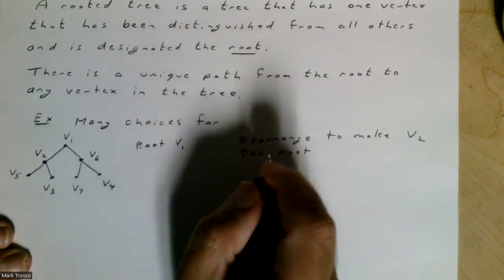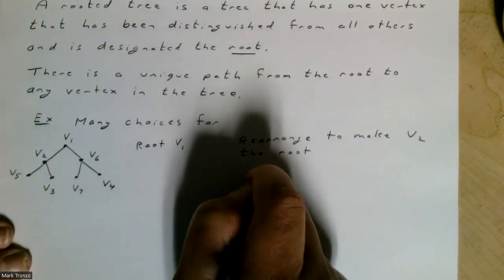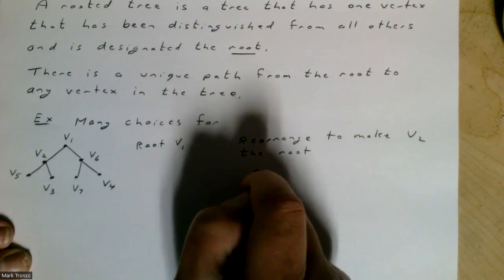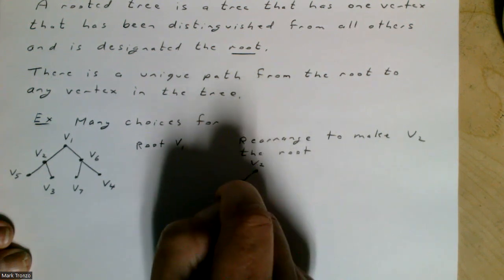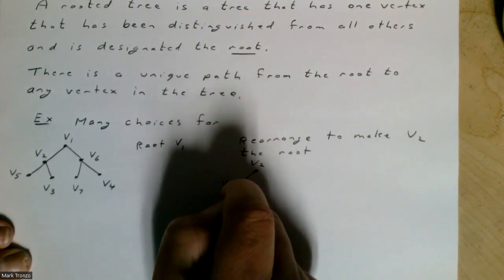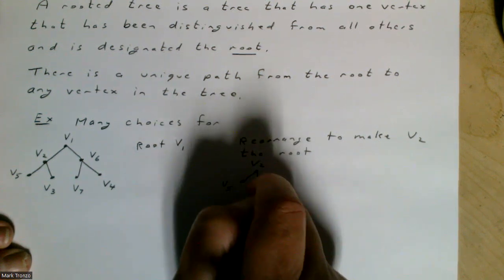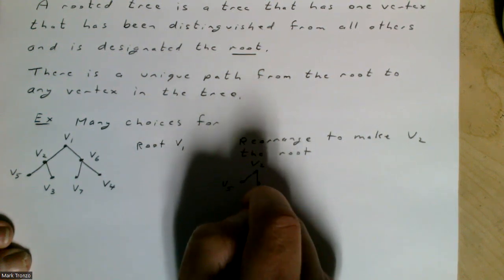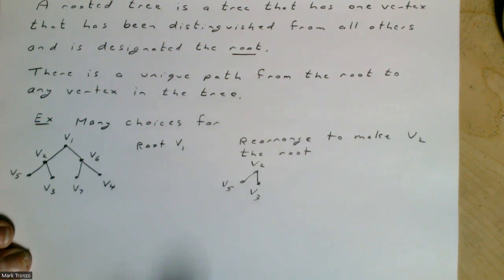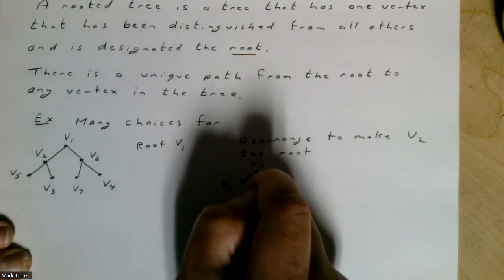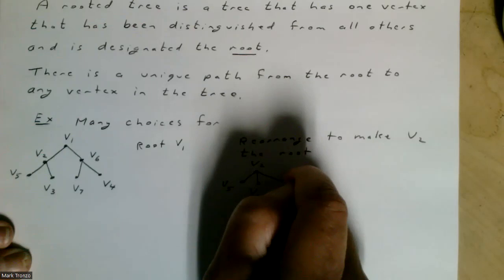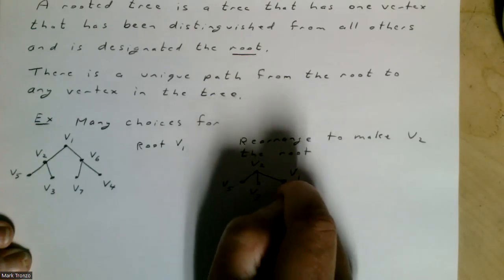We can just rearrange this, keep the graph the same, but put V2 up here, V5 here, V3 here, and then we'll move V1 down to here.